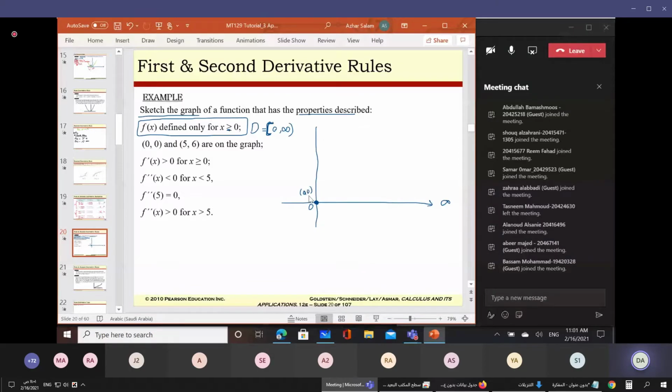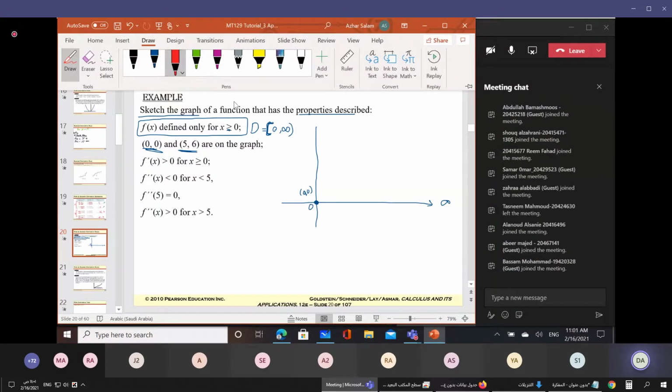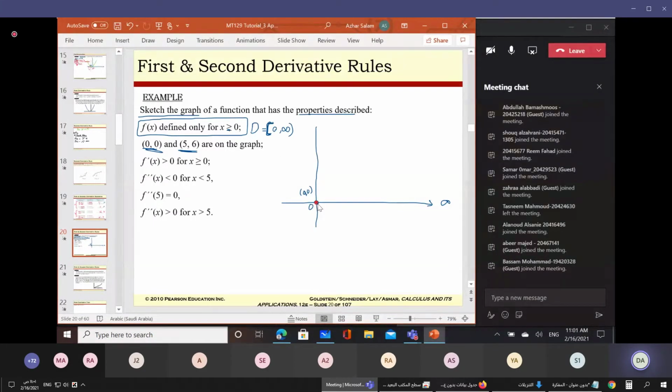It's given that (0, 0) and (5, 6) are on the graph. So here we are given 2 points on the graph. The first one is (0, 0). I'll draw it here in red. The second one is 5 on the x-axis. Let's say here 1, 2, 3, 4, 5. This is 5.